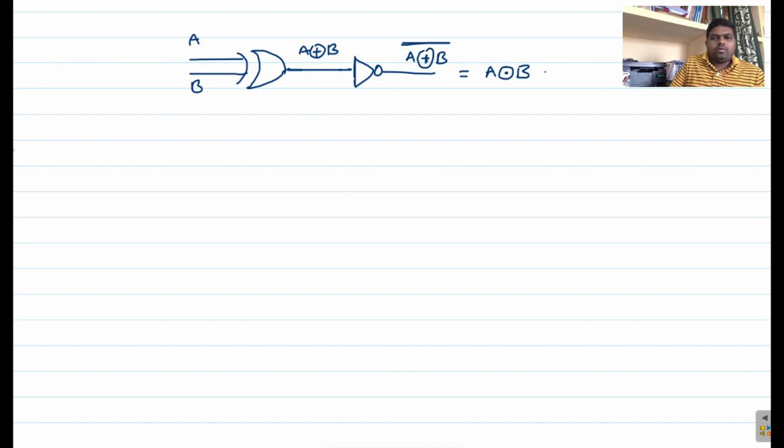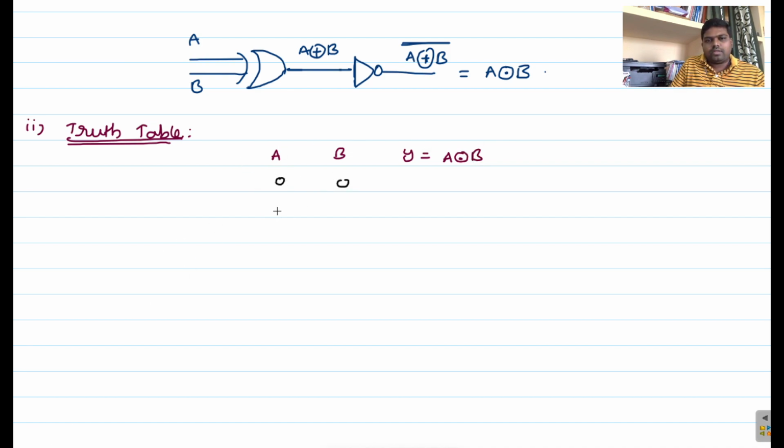Now we can move to the truth table. Second one, truth table. First input columns, after that output column y equals a XNOR b. And here we have 0 0 condition, 0 1 condition, 1 0 condition, 1 1 condition.